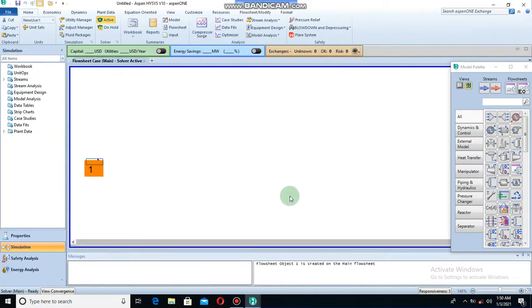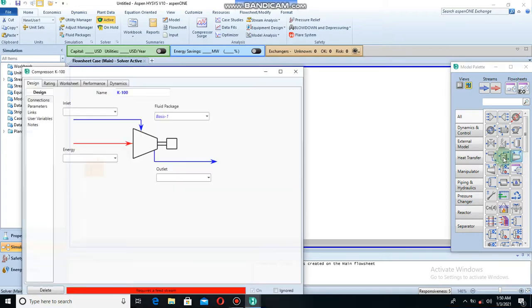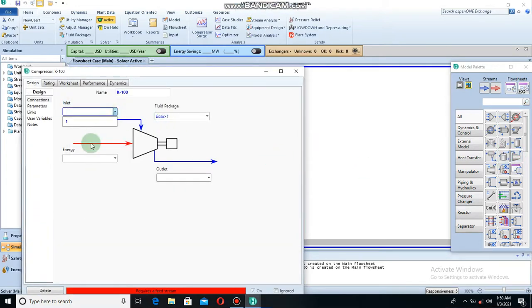So this material stream is fed into a compressor, and we have the energy stream to be comp Q, and it was compressed to have a pressure of 2000 kPa.